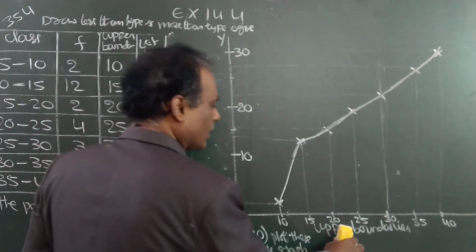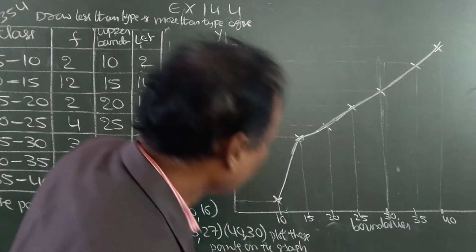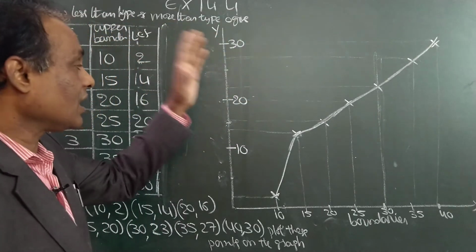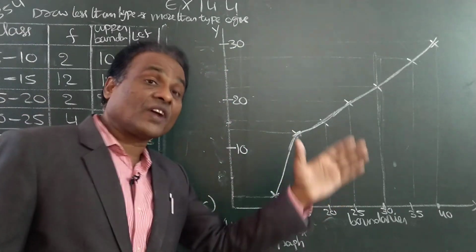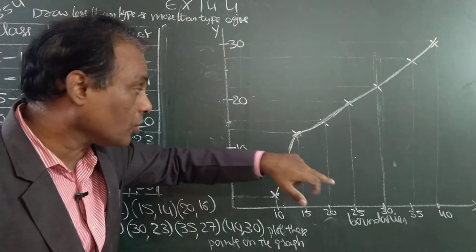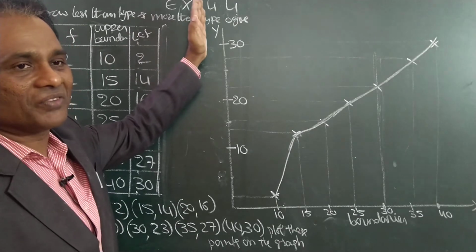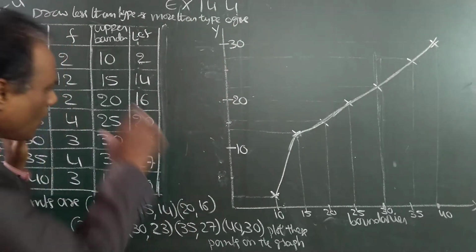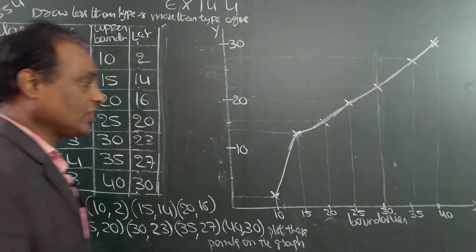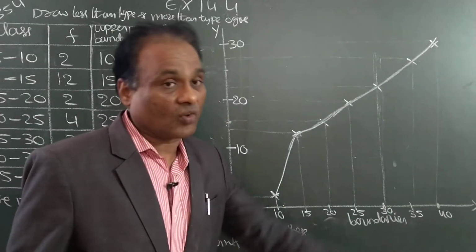In that case, we don't write upper boundaries or lower boundaries, because if you are drawing another curve in this, what are the points for that greater than type, more than type ogive? For more than type ogive, we take the lower boundaries and greater than cumulative frequency. So that is the difference. Both I am drawing in the same graph, so don't get confused.